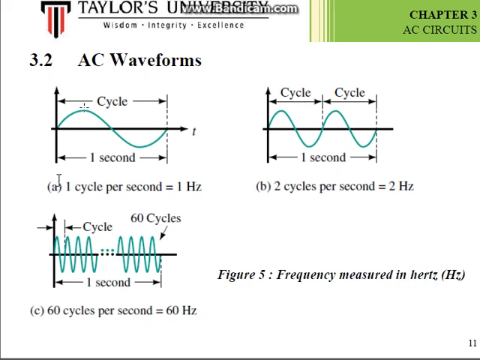That's how we define 1 cycle. In this case, 1 second is 1 cycle, therefore it's 1 hertz. If within 1 second you have 2 cycles, then we say the frequency is 2 hertz. Same goes for this one. 60 hertz means there are 60 cycles in 1 second. The unit would be hertz.